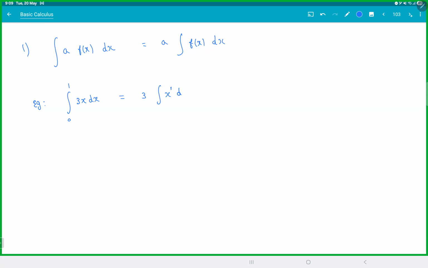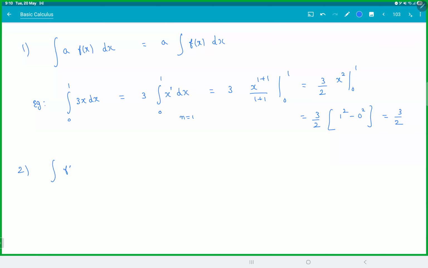This will be x power 1 dx from 0 to 1. This is looking like the x power n formula. So 3 into x power 1 plus 1 by 1 plus 1. Limits will go from 0 to 1. This will be 3 by 2 x square, limits are 0 to 1. This is 3 by 2. Substitute 1 first, 1 square. Substitute 0 square and subtract them. 3 by 2. Clear?